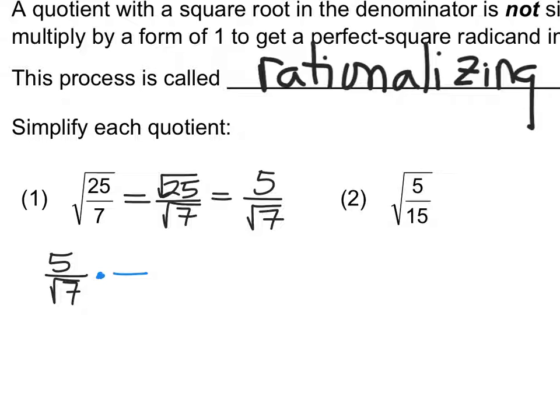All right, so the skill here is really the only thing you have to do is multiply top and bottom by whatever the radical is in the bottom of the fraction. All right. So 5 radical 7 on top.